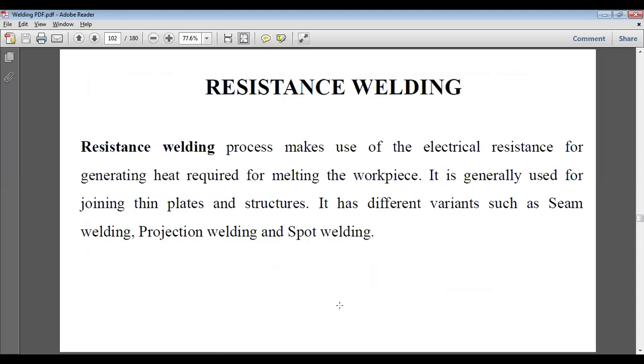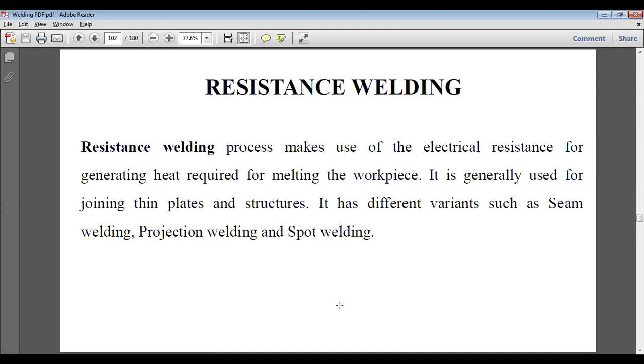So the heat is produced for the time the current flows, because of the resistance of the material. The material's resistance opposes the moving electrons, and the current and the material develops heat because electrons moving at a high speed collide with the particles of the metal.